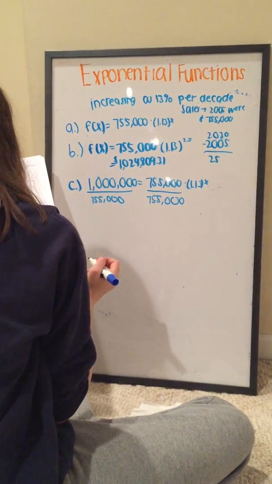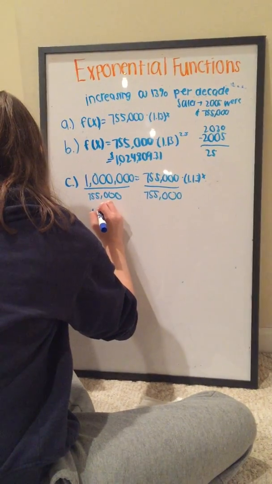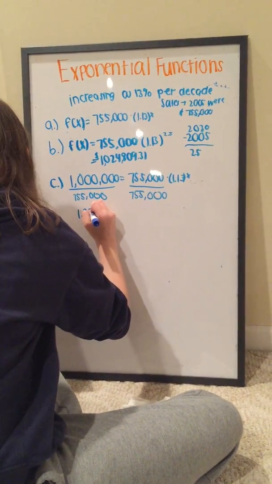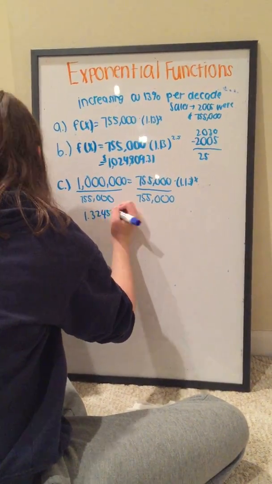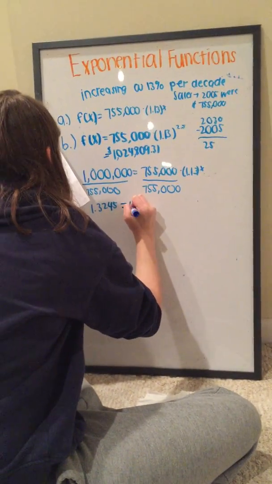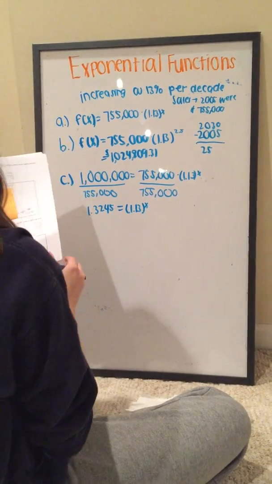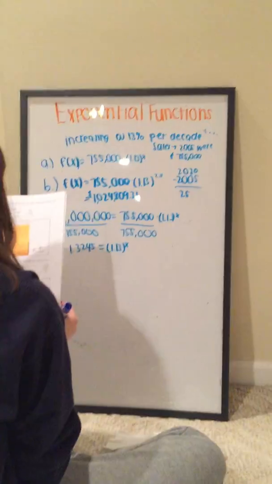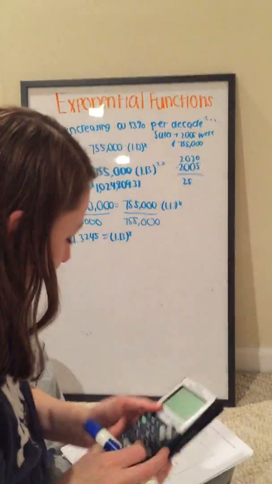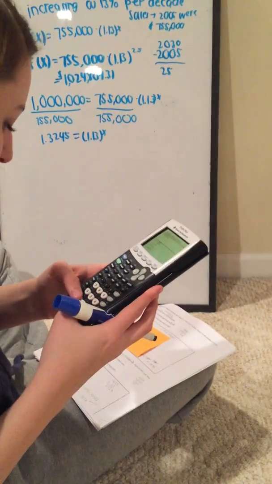and then we end up getting, when we put that in the calculator, 1.3245 equals 1.13 to the x. And then when we put this in the calculator, let's re-put this in.